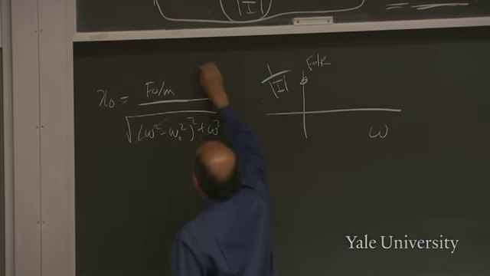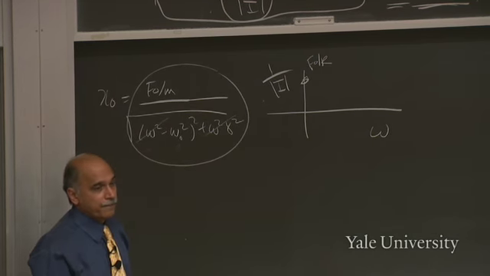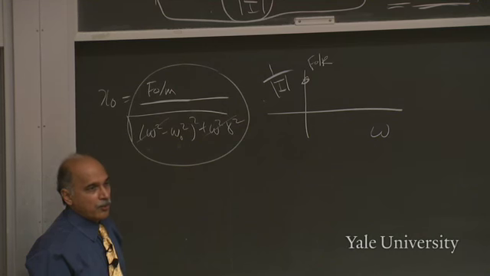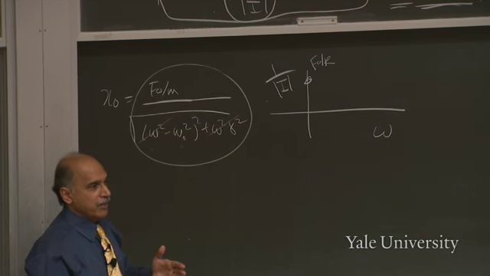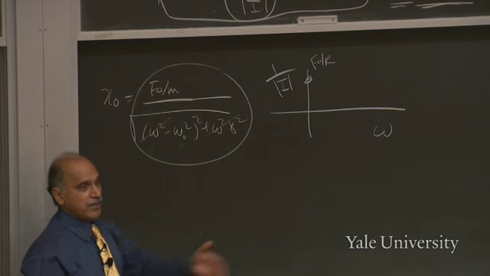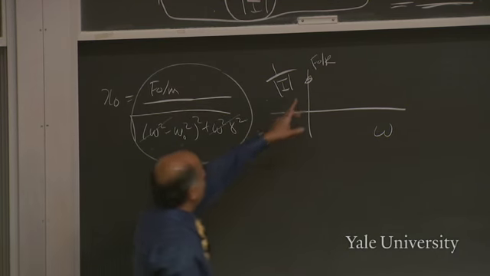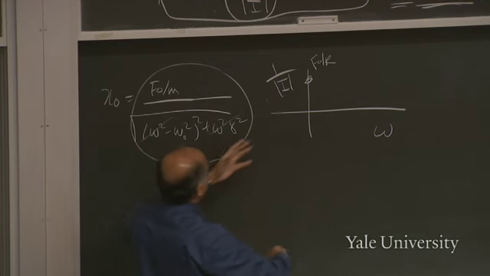That will be the value of this whole amplitude at zero frequency. I hope that makes a lot of sense to you. Zero frequency means the force is not even oscillating. It's a constant force. What x are you going to get? You're going to get the force divided by the force constant. That's the x to which you will pull the spring. That's why, if you put all the omegas and masses back into proper place, you will find it's F0 over k.